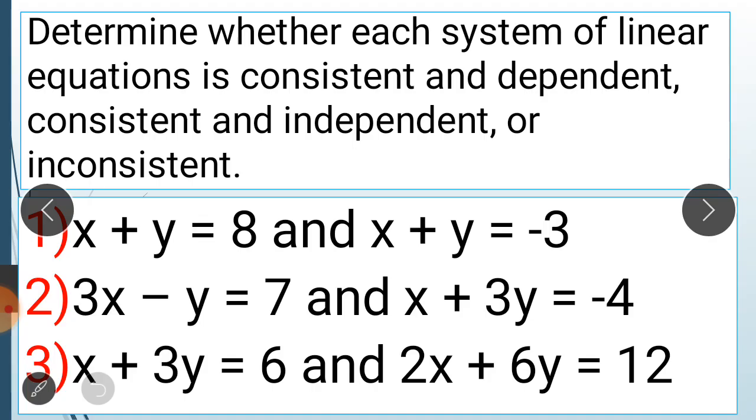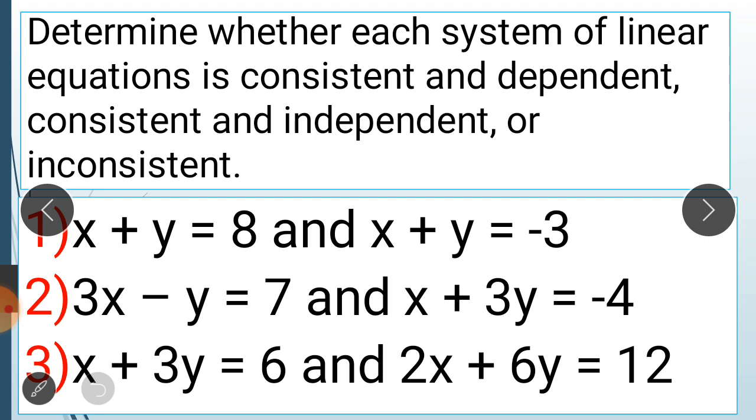Determine whether each system of linear equations is consistent and dependent, consistent and independent, or inconsistent. What you need to do here is find the slope and the y-intercept of each linear equation, then find out whether the slopes are equal or not equal, and whether the y-intercepts are equal or not equal.